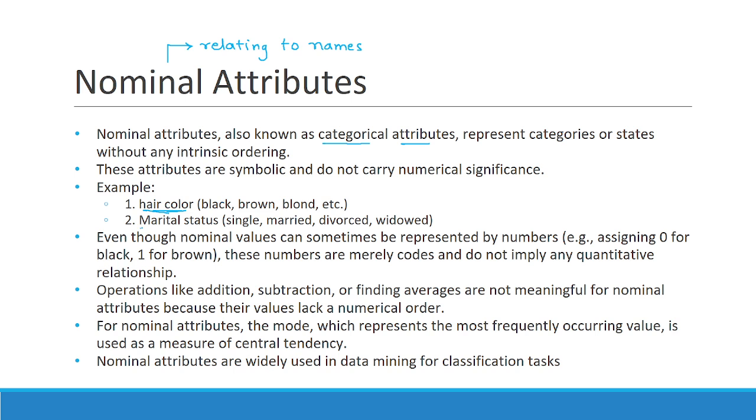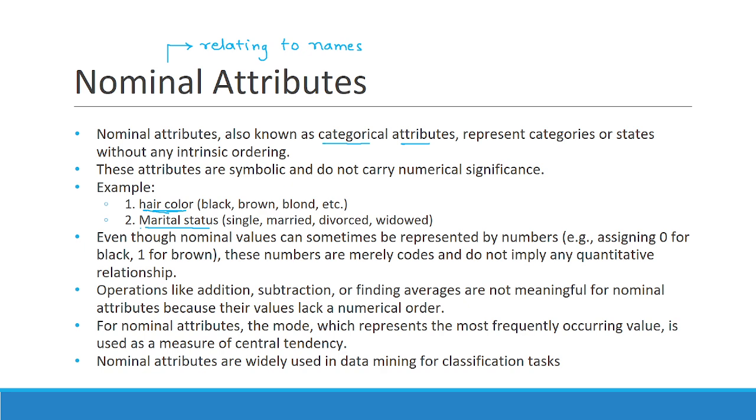One more example is marital status. This marital status is one attribute. It can have values like single, married, divorced, widow. These are the possible values for marital status.